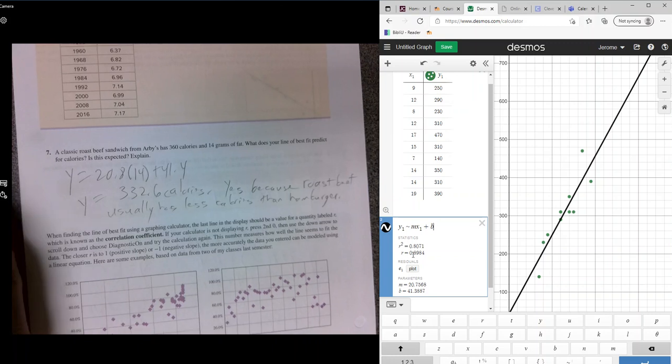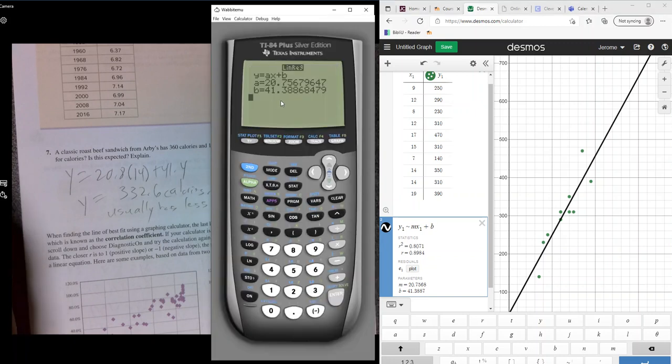So for those of you that use the TI calculator, you will press second, then 0. Then you will press this X to the -1 key to get to the D, and you will go down until you get to diagnostic on. Because if you notice, diagnostic off comes first. So you will go to diagnostic on and press enter, and then enter again.